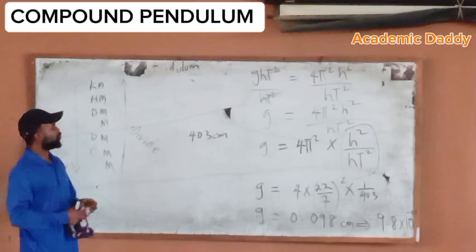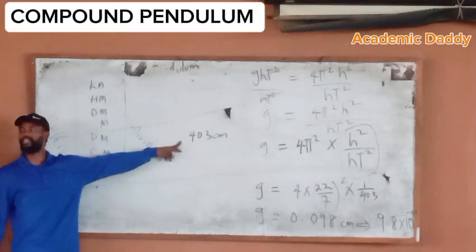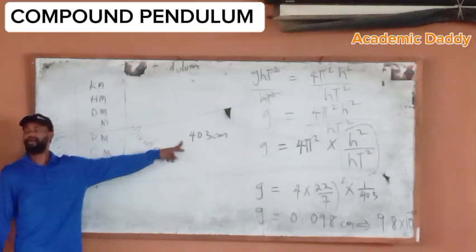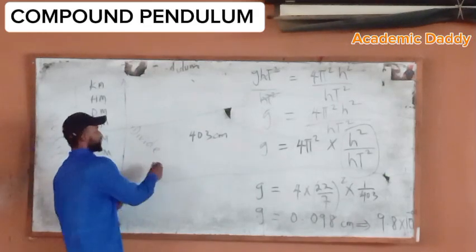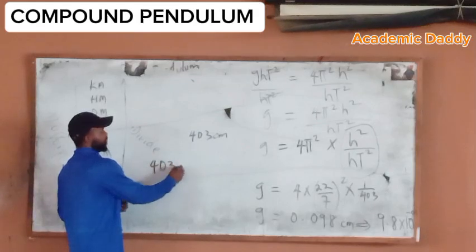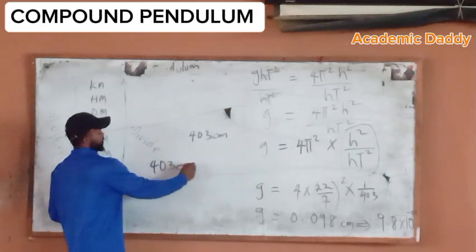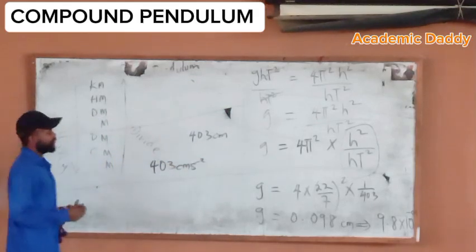Okay, please show me again. What did we get as our slope in centimeter? 403 in centimeter per second, should we?